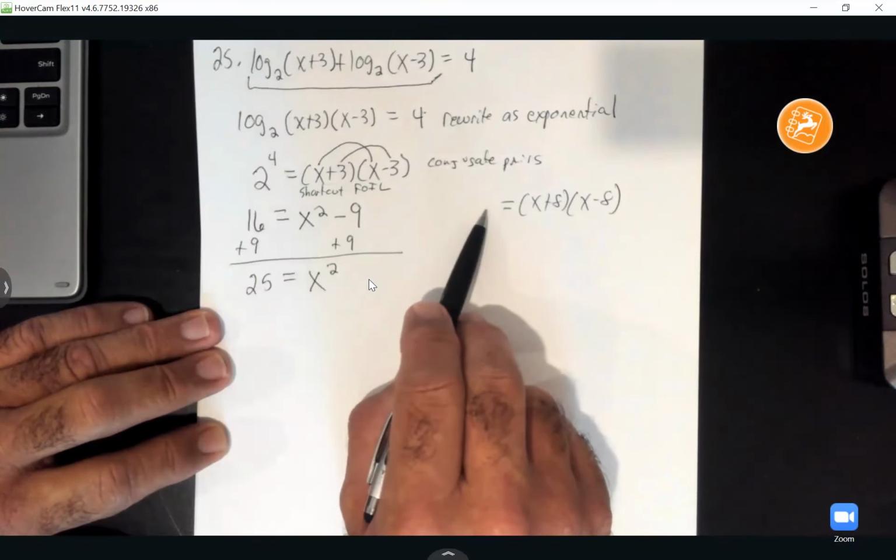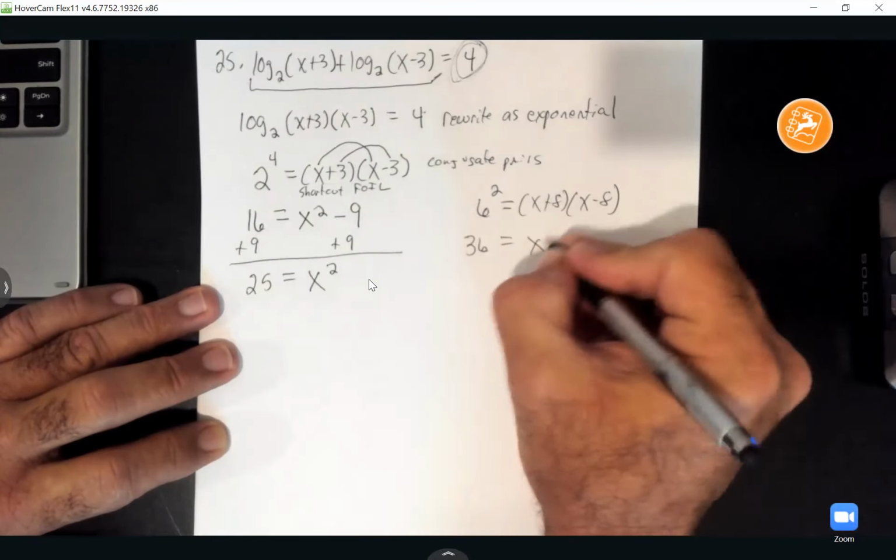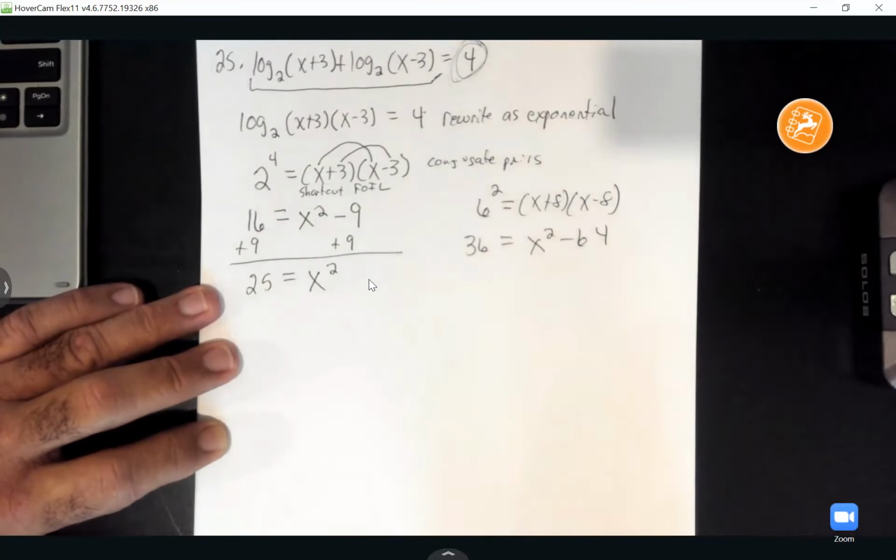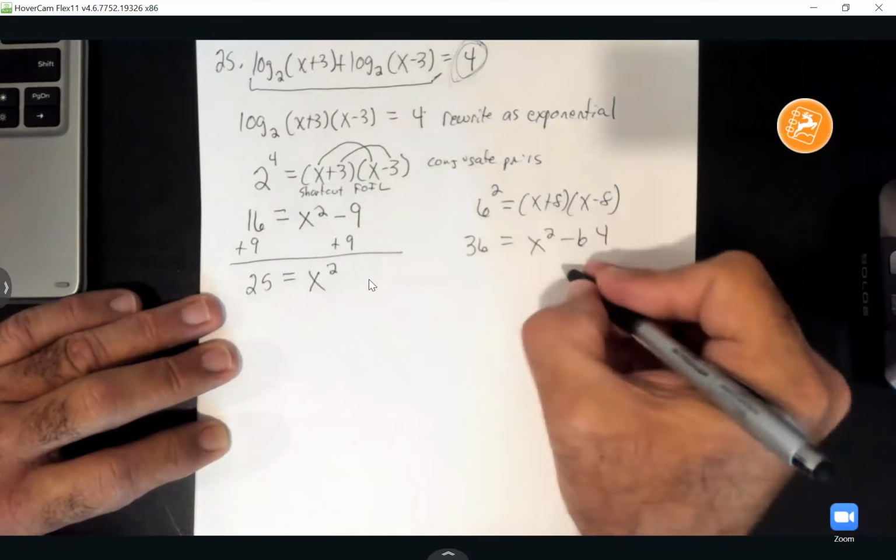So you had a 6 there. And what was your right side? 2. So you had something like that. So at this point, yours will be 36 equals X squared minus 64. And you would add 64 to both sides. So you're going to get 100 equals your X squared.